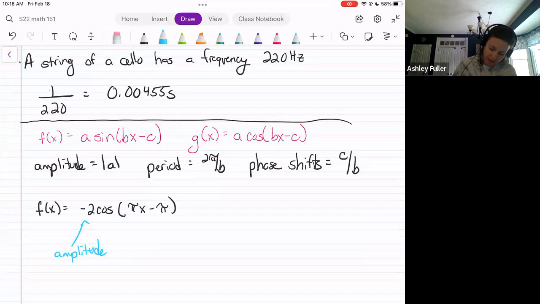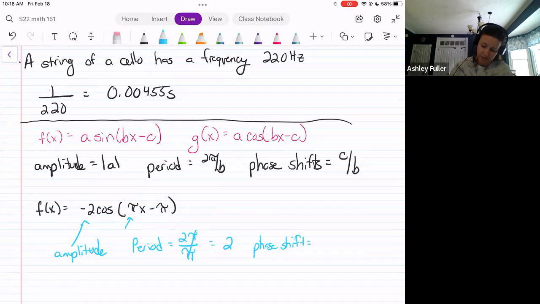We can determine that the period is going to be 2 pi over pi because of our b value, which results in a value of 2. And our phase shift is equal to c over b, which in this case is pi over pi, or a shift of 1 to the right.